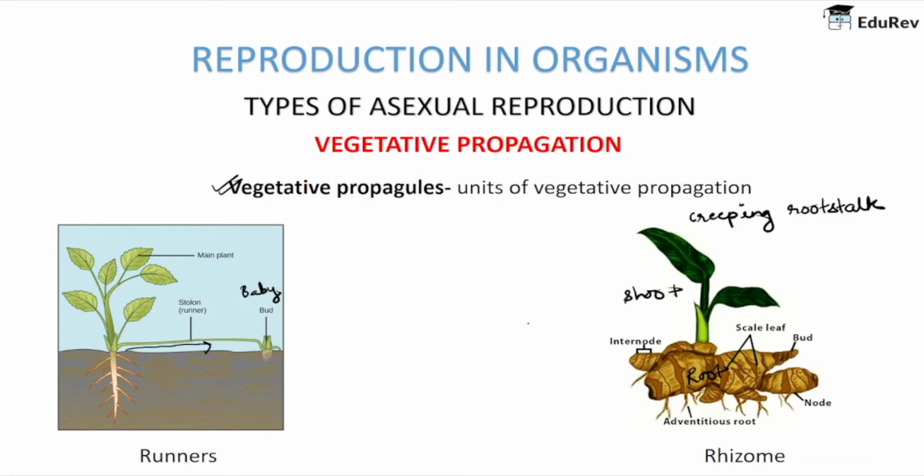And interestingly, these rhizomes store various starches and proteins. They store starch and proteins which help these new plants to survive.